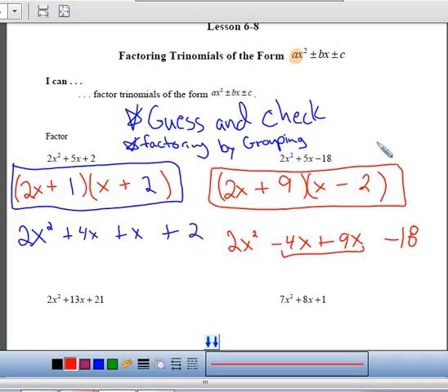That's all for this video. If you had trouble, go back and rewatch it. Your job is to finish factoring these other two on your own. Now you can always do the check by multiplying the answer out, expanding it, and seeing if it fits what you started with. So good luck, and we will see you in math.